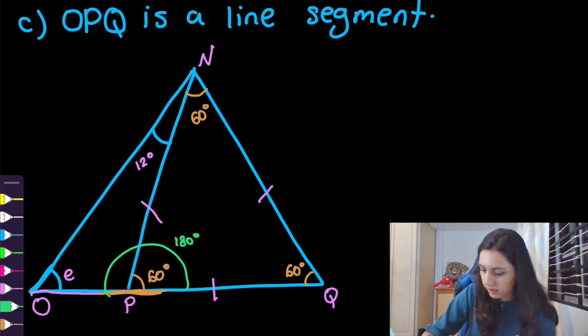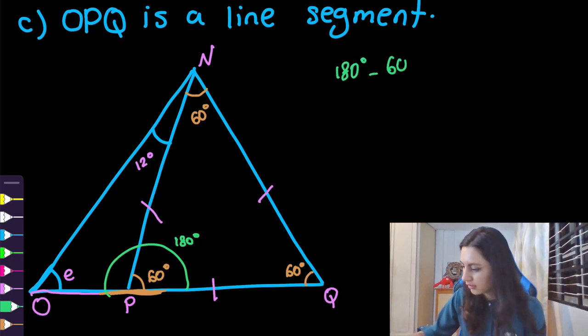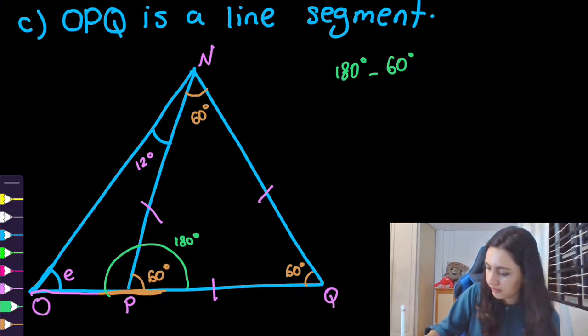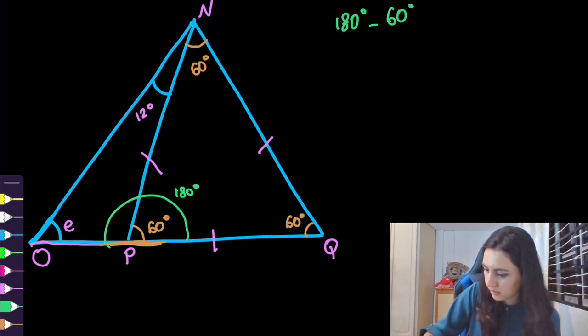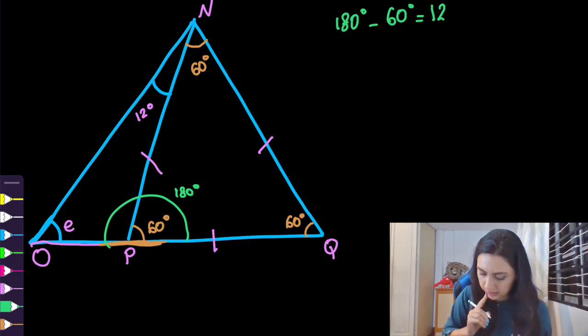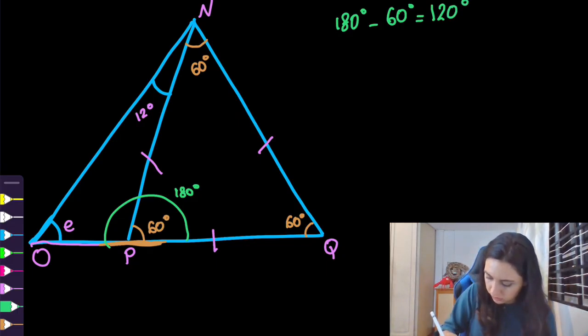So I can say 180 minus 60 is 120 degrees. I'm going to write it with a different color. I'm going to erase this part, but it was just for your information. This part is 120 degrees.